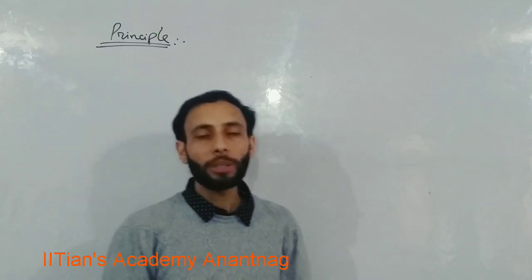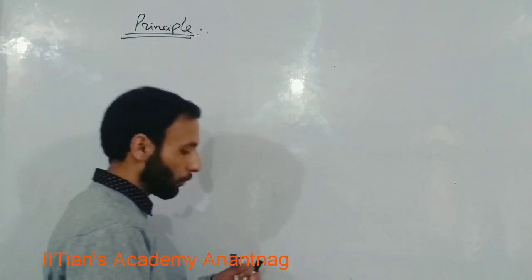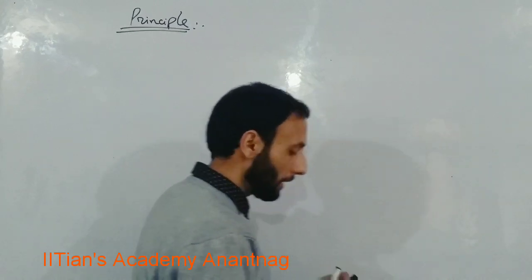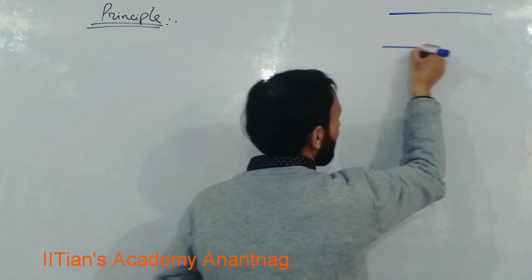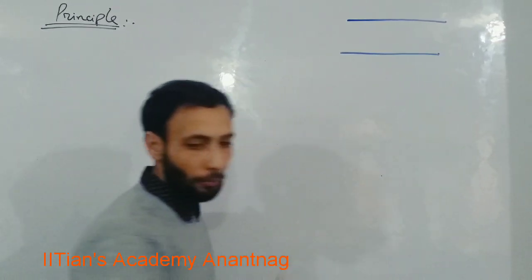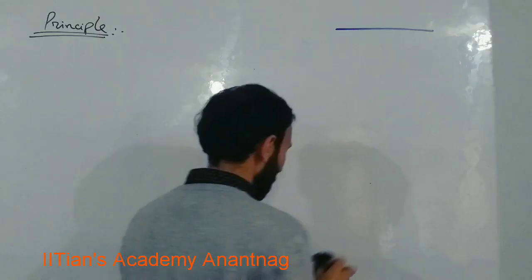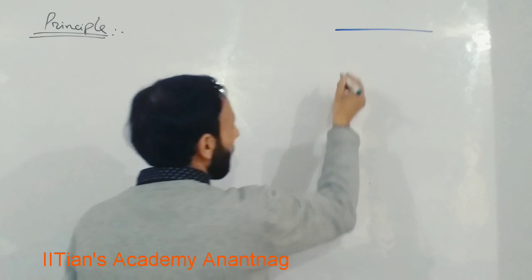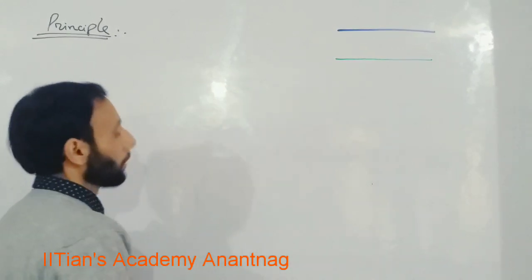Now, what is the principle of this polymerase chain reaction? The basic principle is that if a DNA molecule is heated or melted by applying high temperature to it, the two strands of it will get separated. Suppose this is our DNA molecule, and as we know, it is double-stranded.